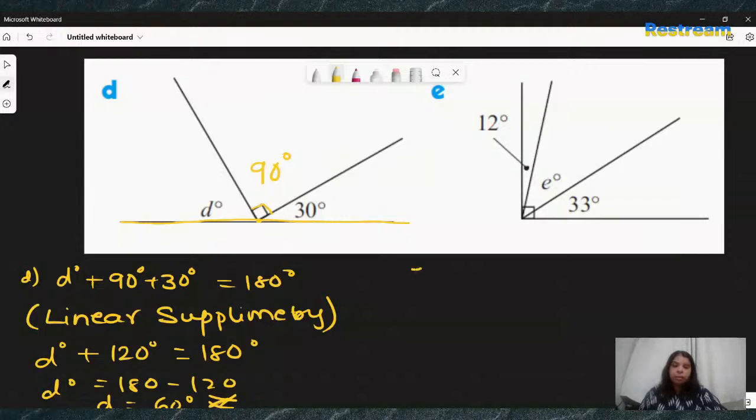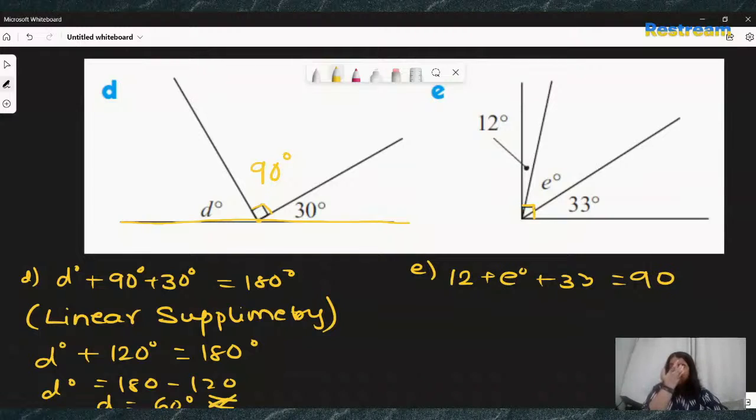Now let's go to E. Here, the total of all the three angles is 90 degrees, so they are complementary angles. So we have 12 plus E plus 33 is equal to 90.